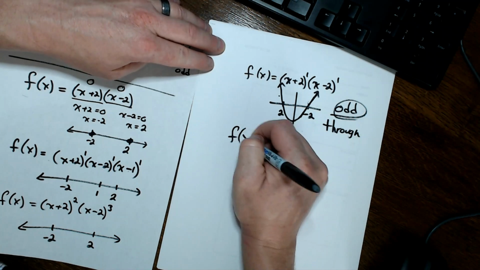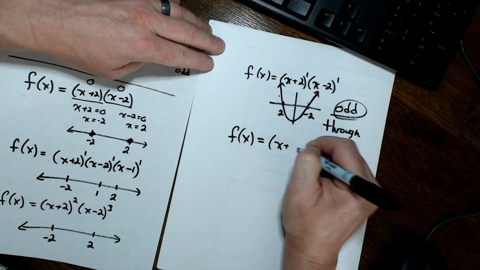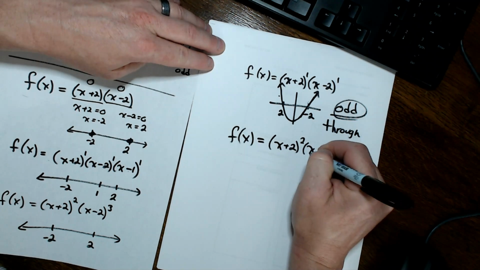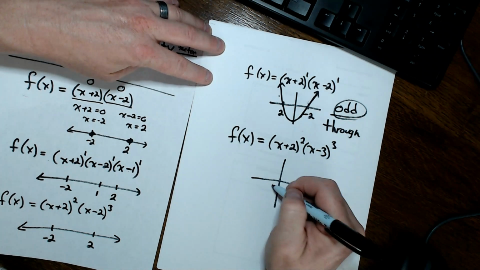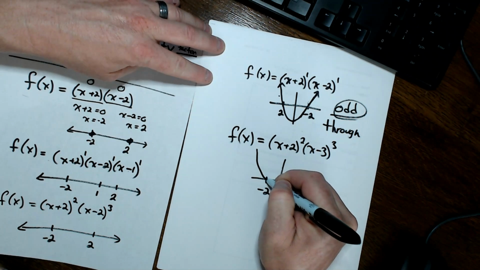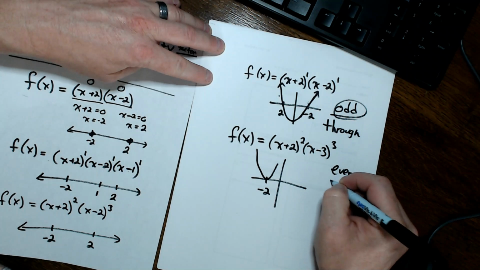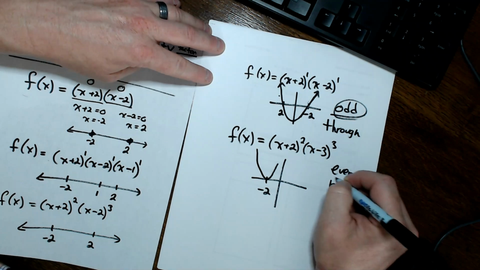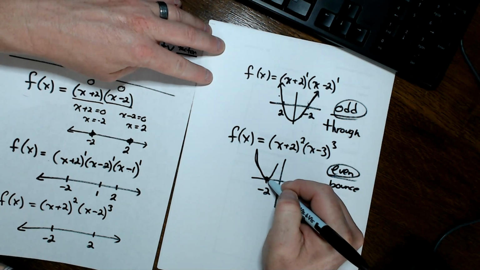If you have a function where you have an even multiplicity, anytime you have an even multiplicity, the graph's going to come down and it's going to bounce off of that graph. In other words, that graph is going to come right down to the x-axis, and then it's going to bounce off it.